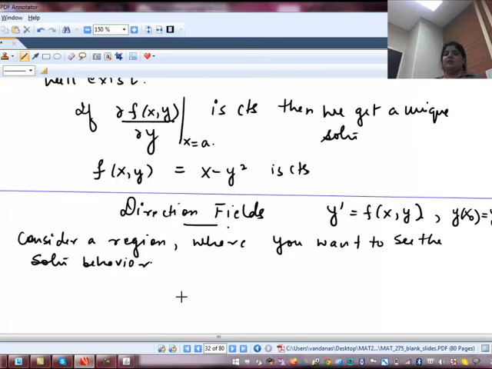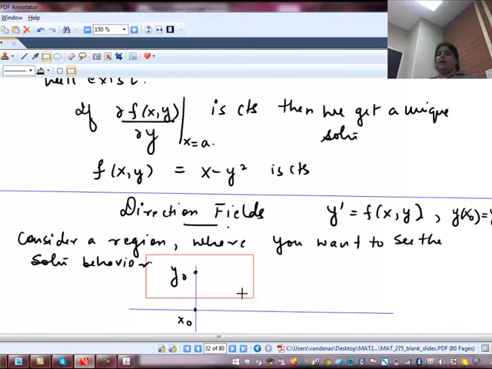That means I consider a region nearby this point where this is, say, not the origin but x naught, and the value of the solution curve here is y naught, and nearby this point I will place a grid and discretize this grid with an equal step size. Might not look equal here, but we are trying to see in this region how the solution will look.